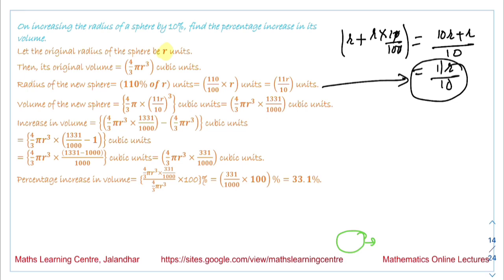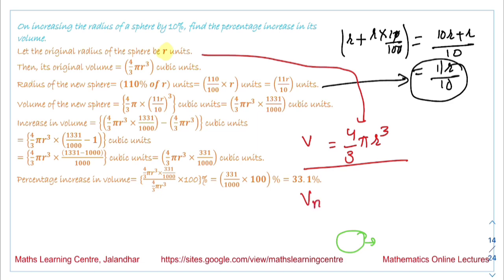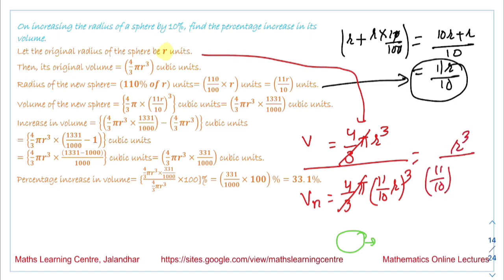The volume of the sphere with radius r is 4 by 3 pi r cube. This is V, and the new volume is Vn. The new volume is 4 by 3 pi into the new radius 11 by 10 r, whole cube. So 4 by 3 pi gets cancelled, and what we are left with is r cube by 11 by 10 cube into r cube.